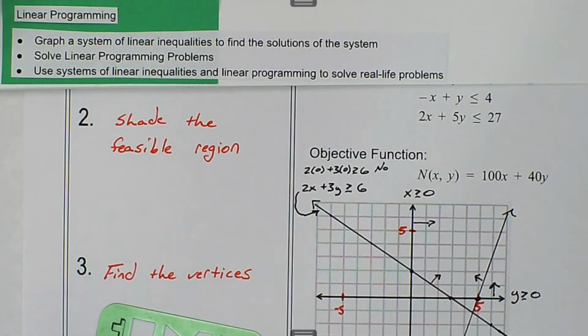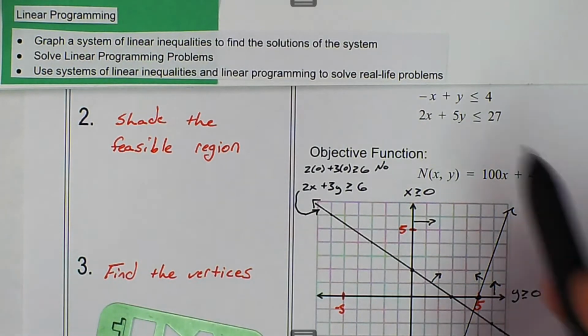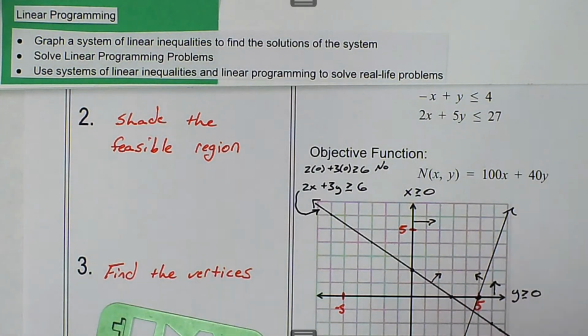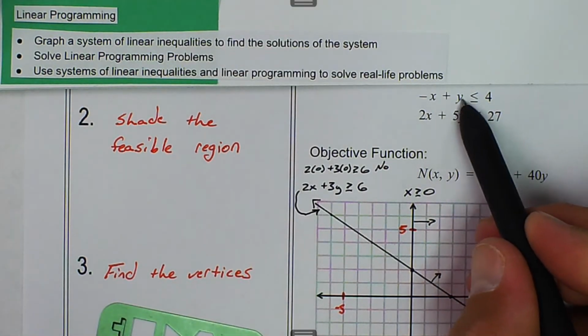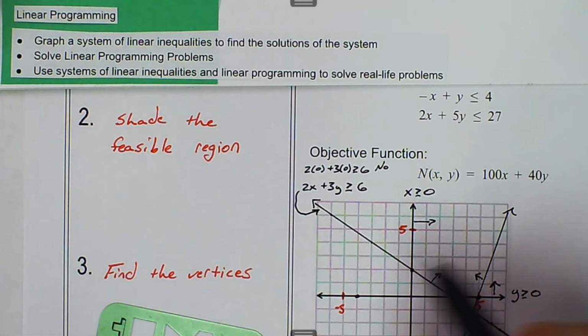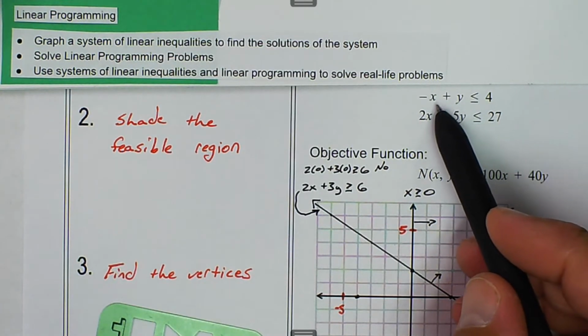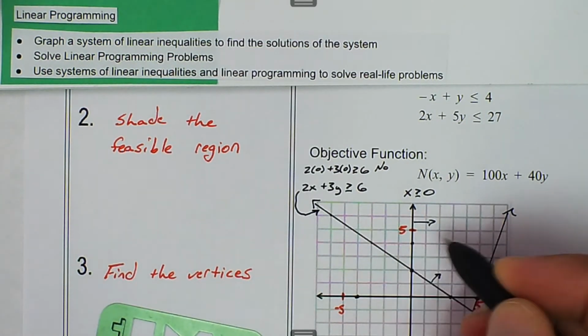The next one that we have is negative x plus y is less than or equal to 4. So if y is 0, x has to be negative 4. And if x is 0, y has to be 4.